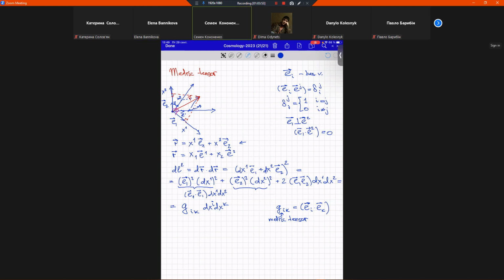I'm sorry, however, how can our first term be equal to the expression which you write down? Yes, so it means that this equals the L square. No, I'm not asking about that. Here we have this e1 squared multiplied by dx1 squared.